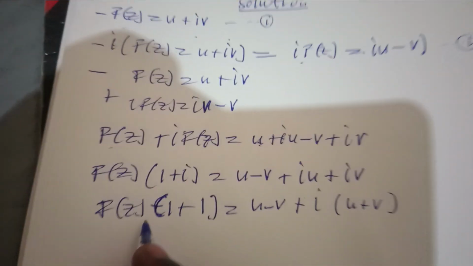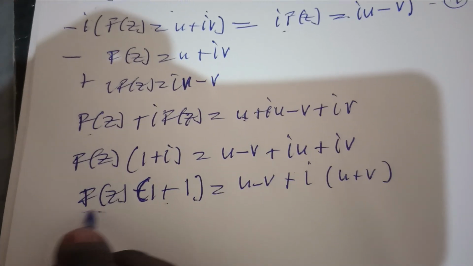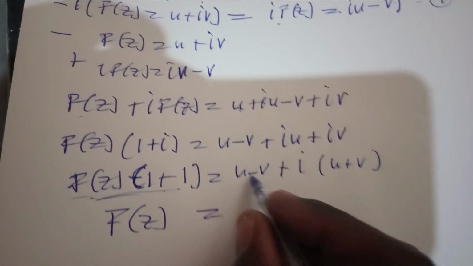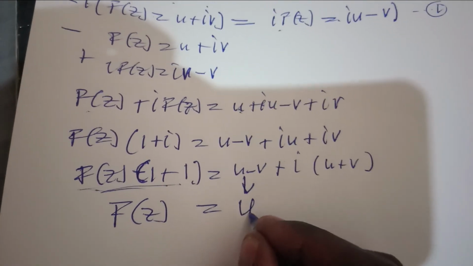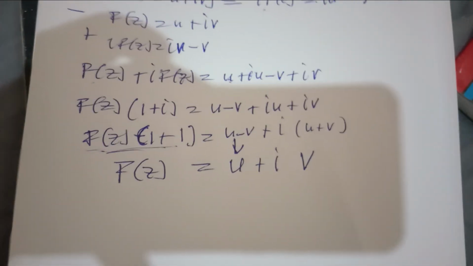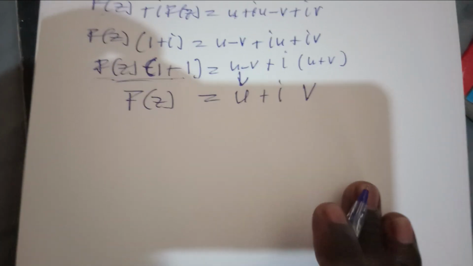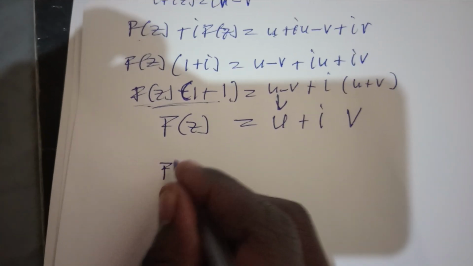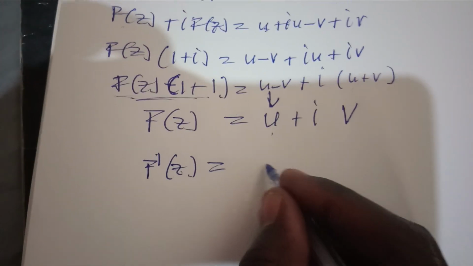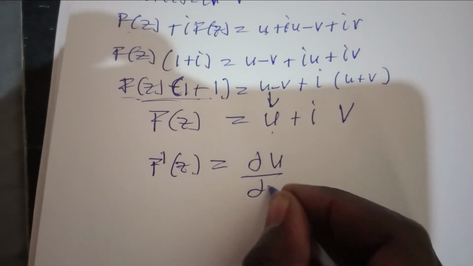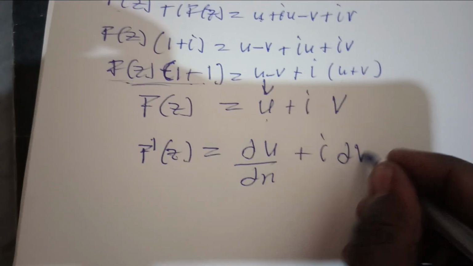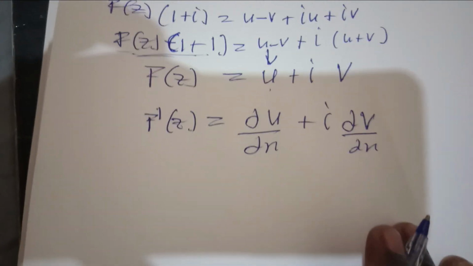So we can let this part be capital letter F, this part be capital letter U plus i, this part be capital letter V. After reaching this step, we can find the derivative of F with respect to x: du over dx plus i dv over dx.